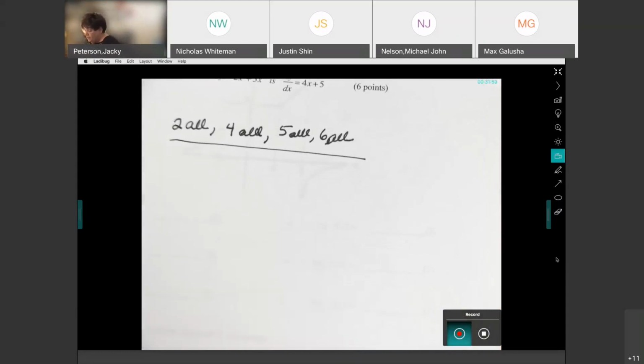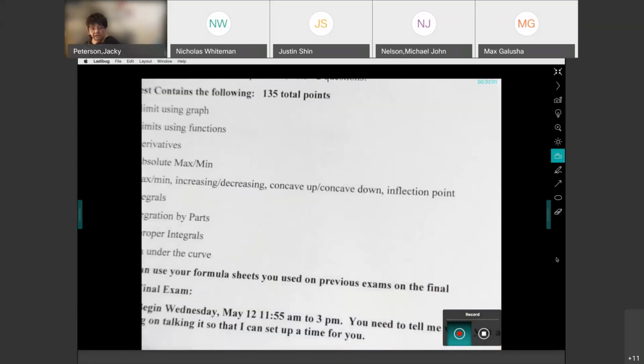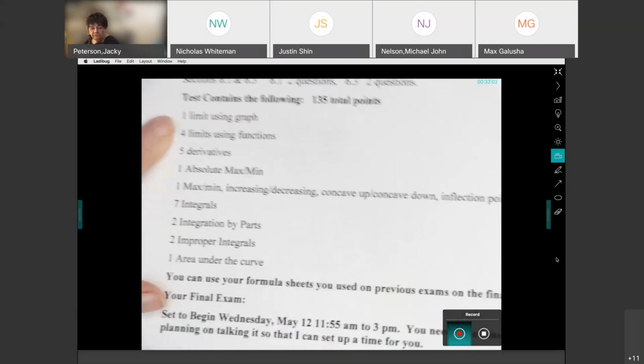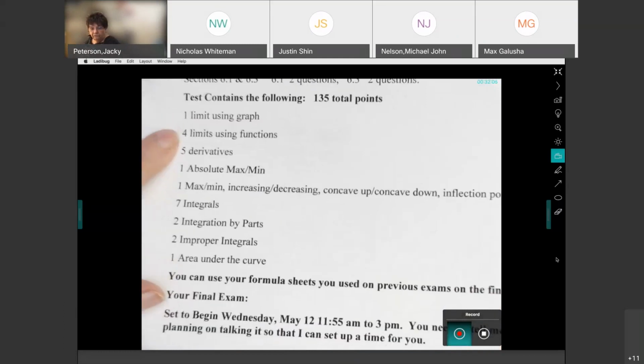On the final test itself, 1 limit using graph, 4 limits using functions. Of all the derivatives, I'm choosing 5. 1 absolute maximum problem.